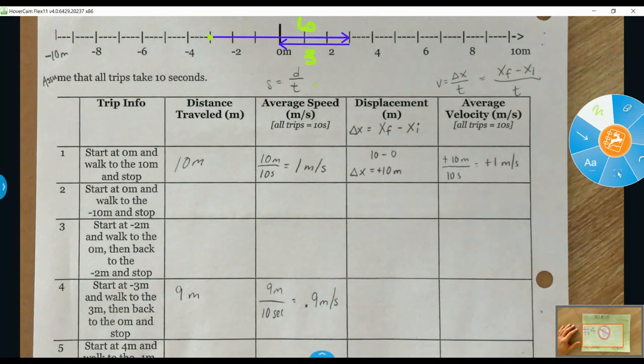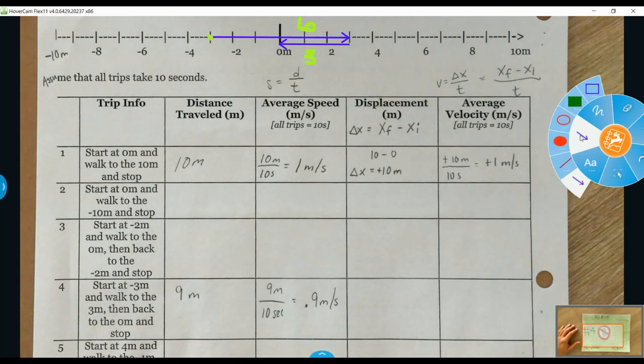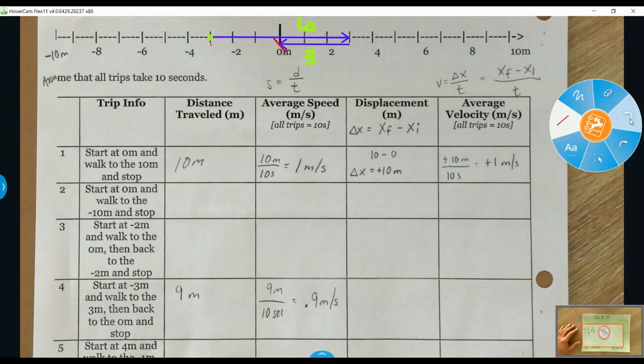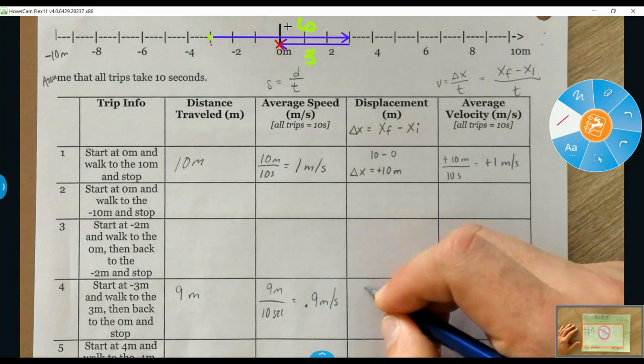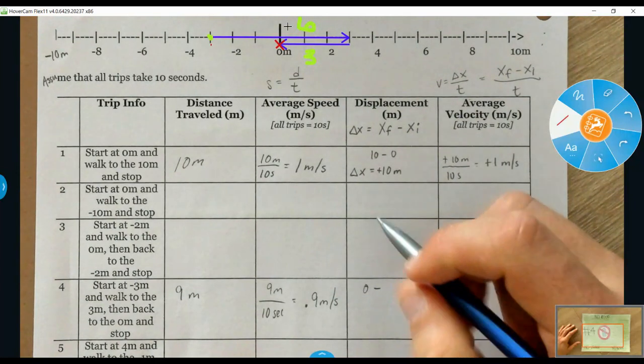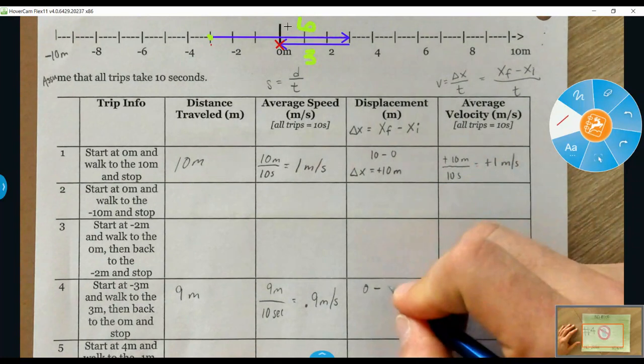But what about our displacement? So we started here at this yellow dot, -3, and we finished here at the red X. So we need to figure out what the displacement is. So let me ask this, guys. What is our final position? We stopped right there, right at 0. So my final position is 0 minus, what was our initial position? -3.